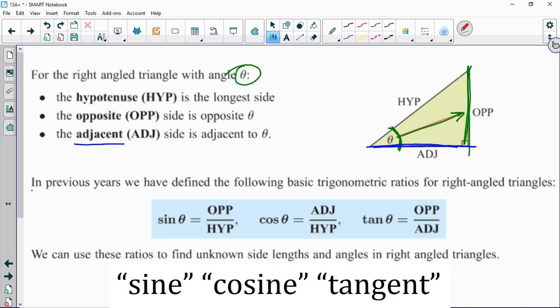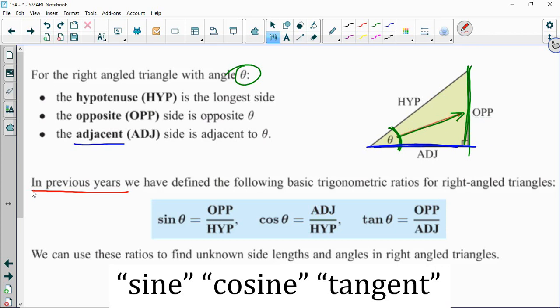So our textbook thinks that you've seen this before. Maybe you have, maybe you haven't. Regardless, what we're going to do now is define three ratios based upon those various sides that we saw in the triangle. The first one is called sine.